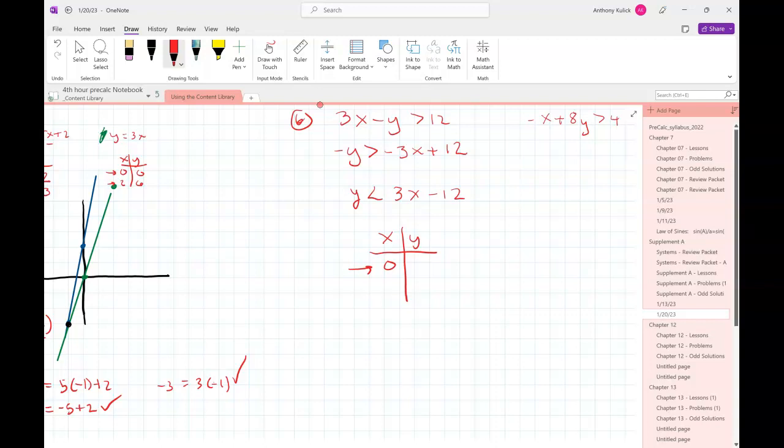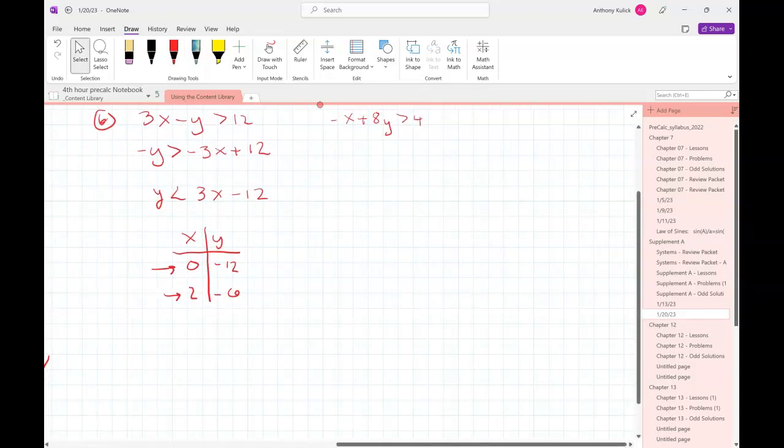Anybody? -12. You just shout them out if you know. You don't have to whisper it as quietly as you can. And then maybe let's pick 2 for x. When I plug 2 in for x, what do I get? -6. Great.